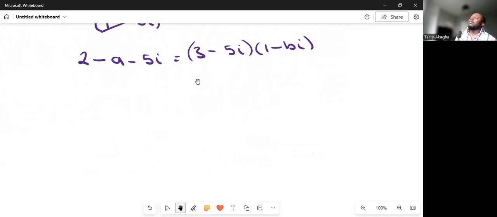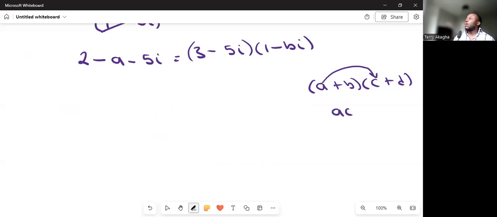The next step is that I'm going to open the bracket on the right-hand side. If you remember, when we were talking about basic algebra, I said a plus b multiplied with c plus d gives a times c is ac, a times d is ad, b times c is bc, and b times d is bd.